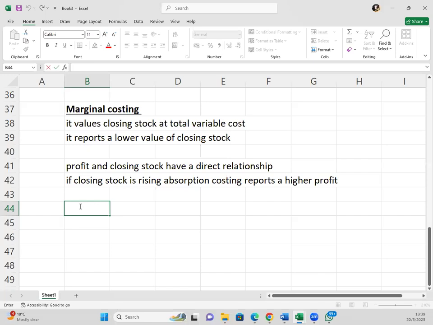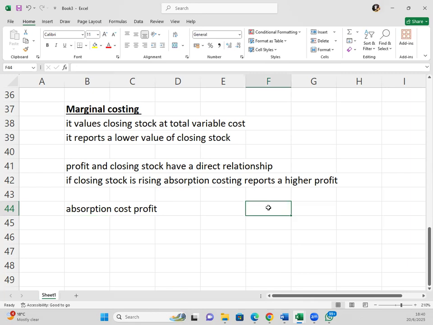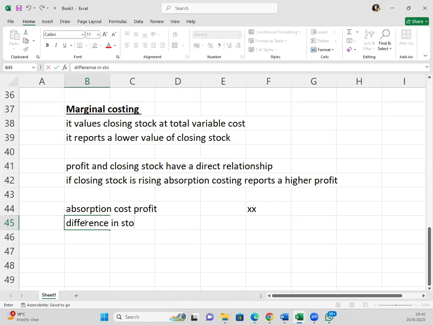For the reconciliation, we start with the absorption costing profit, then subtract the difference in stock times the OAR, the overhead absorption rate.